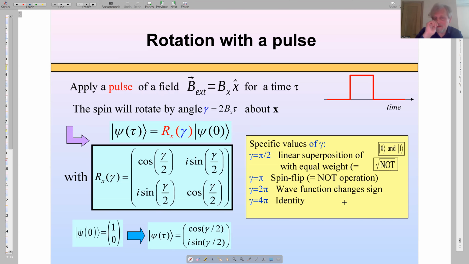Fine. What will happen next? We want to change the wave function. We want to put it in a certain state.